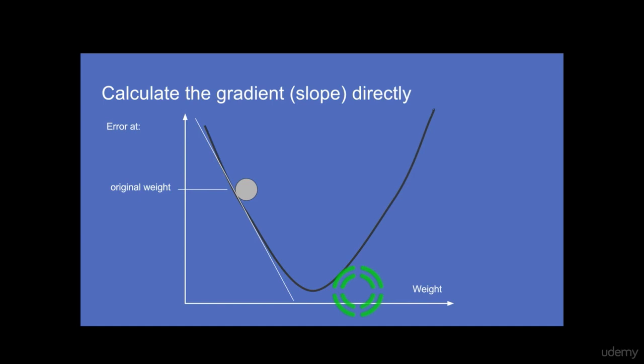So we can adjust this weight up or down, whichever way reduces the error rate, and we call this gradient descent. We want to reduce the error rate by adding or subtracting the weight.